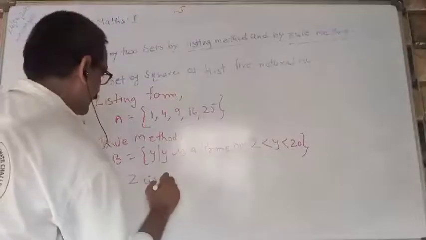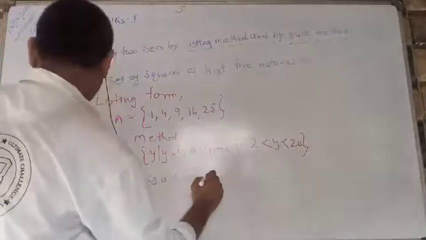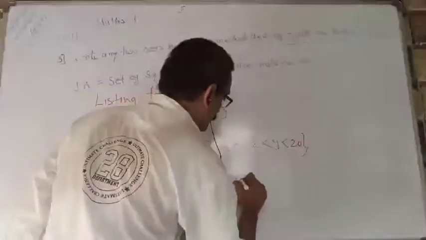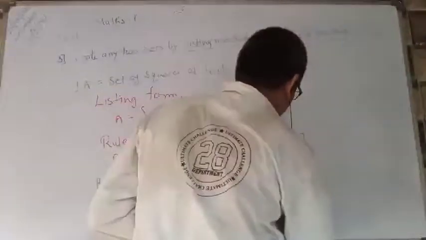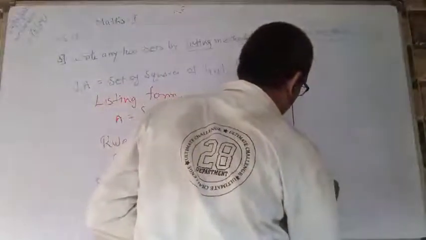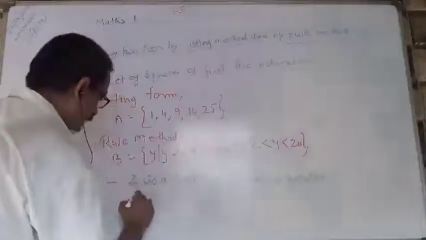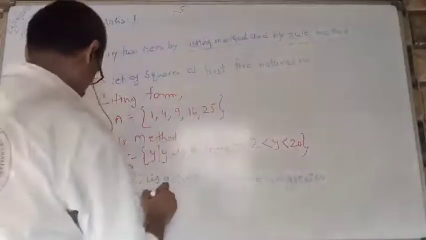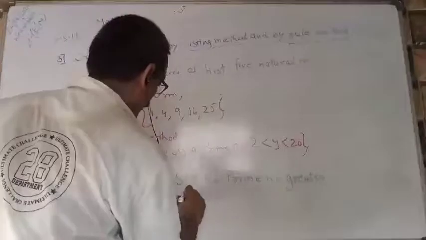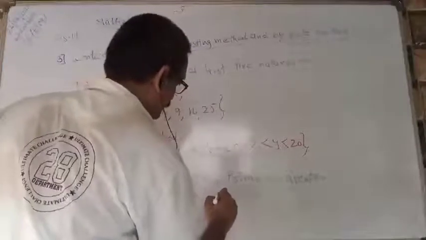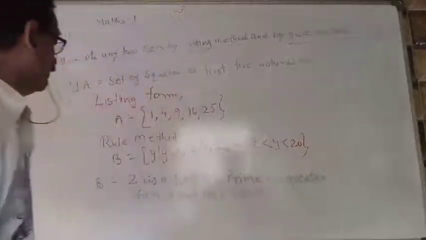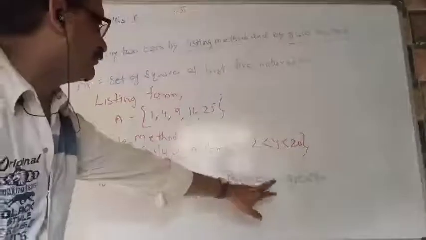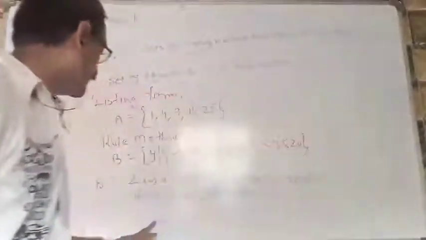Z is a set of prime numbers greater than 10 and less than 20.